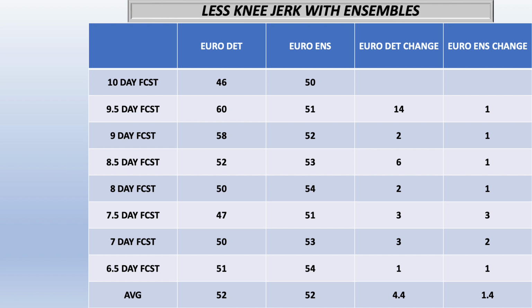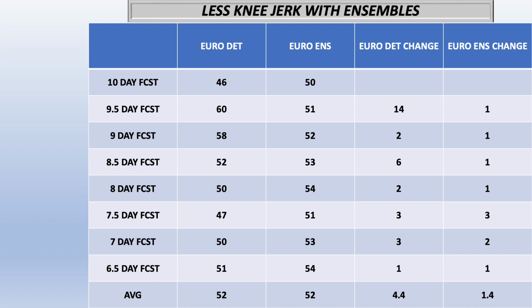In fact, the third and the fourth columns show how much change there was from model cycle to model cycle from the deterministic model, and also with the ensemble mean. The average model cycle run-to-run change for the deterministic was 4.4, and for the ensemble mean, it was only 1.4.